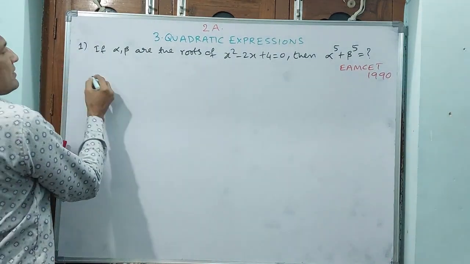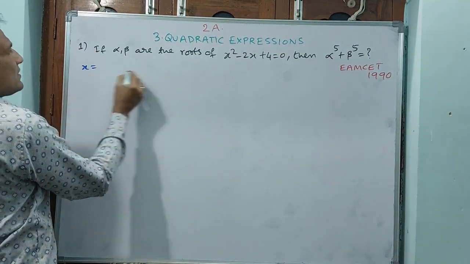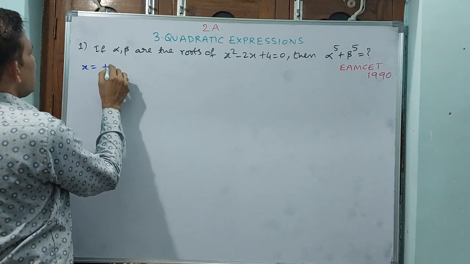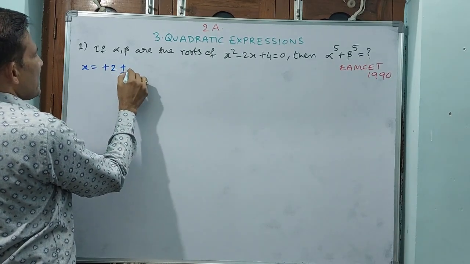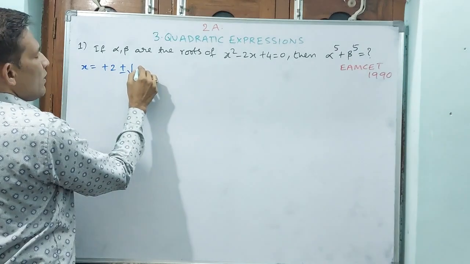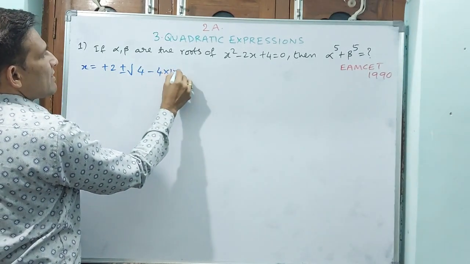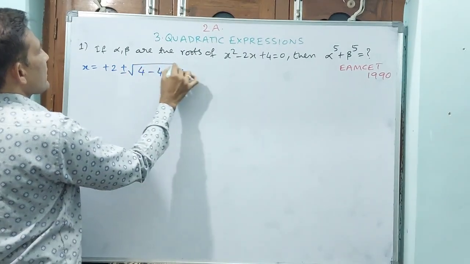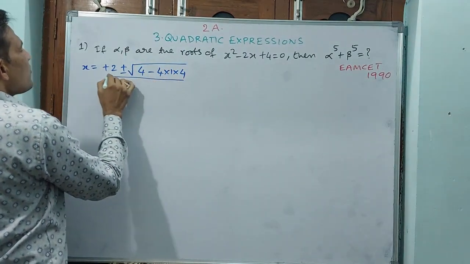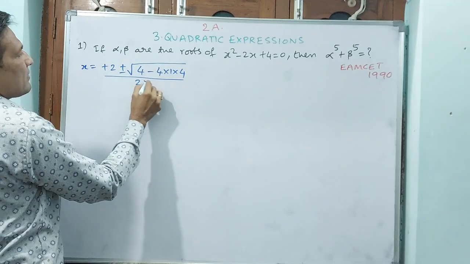x is equal to minus b, minus of minus 2, so plus 2, plus or minus square root of b square, minus 2 square, minus 4ac, a is 1 and c is 4, divided by 2a, 2 into 1.